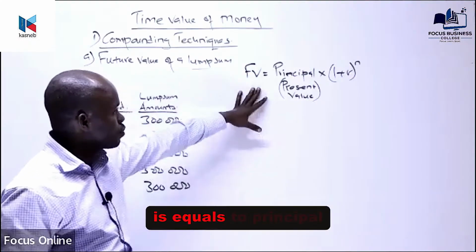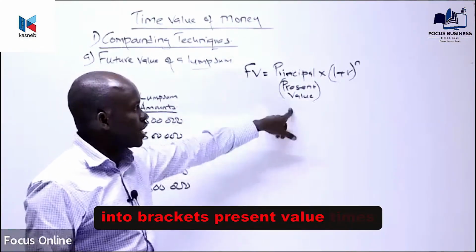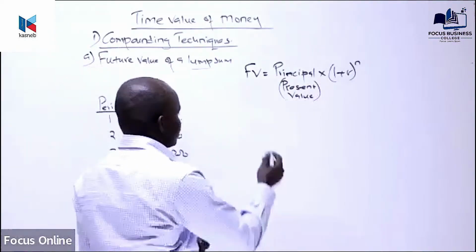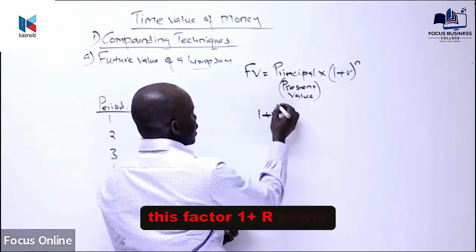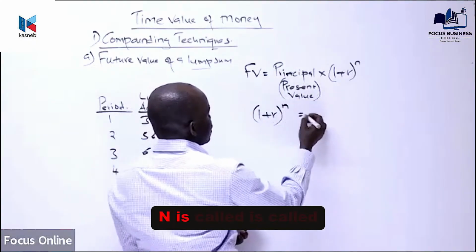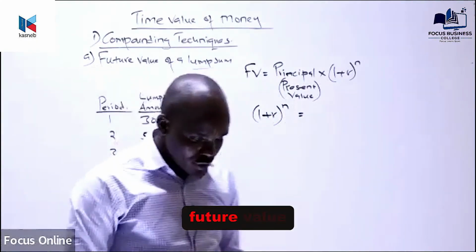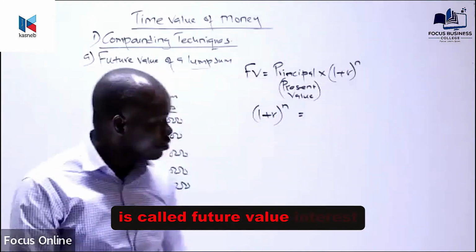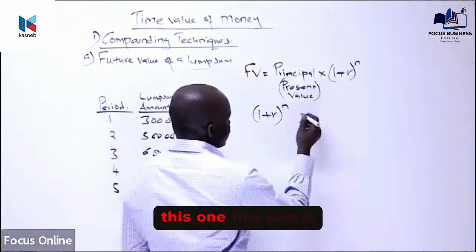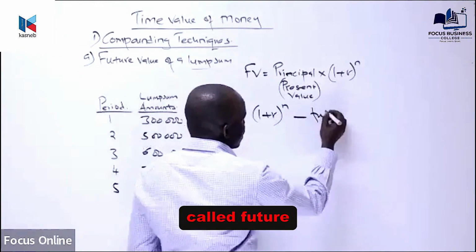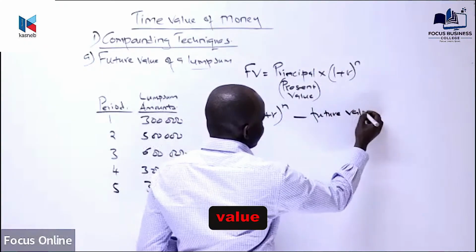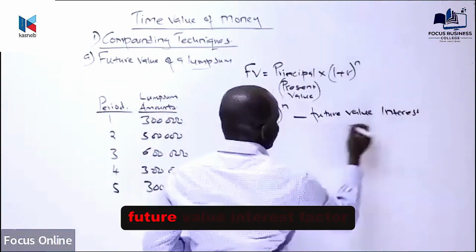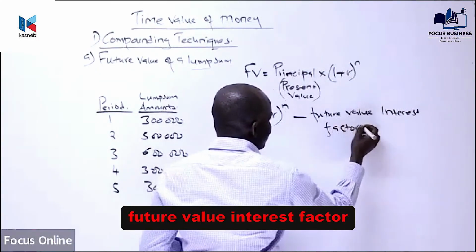Future value of a lump sum is equal to principal, or present value, times (1 plus r) power n. This factor, (1 plus r) power n, is called the future value interest factor.